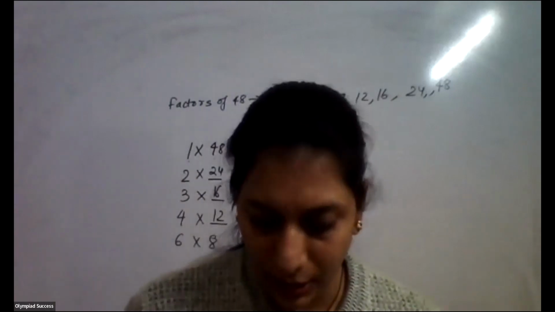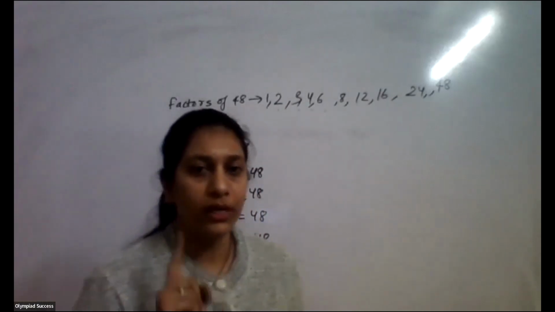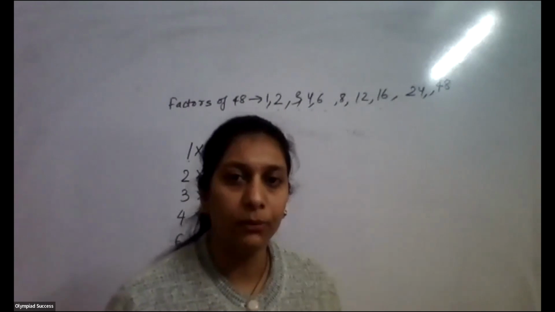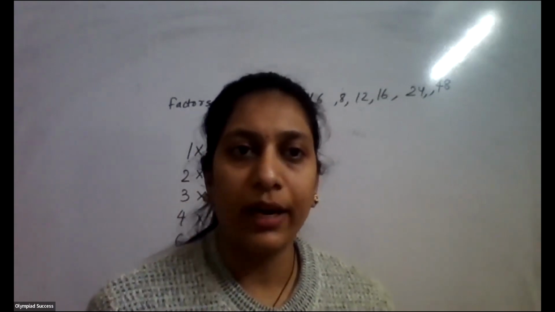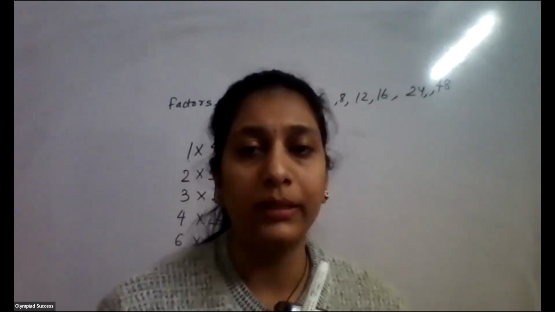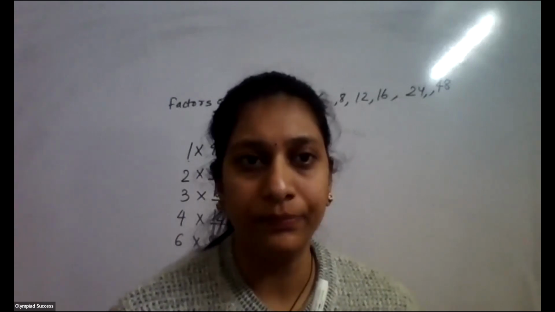All clear. Okay. So factors, if I talk about, you are clear with the definition. One property of factors is that one will be a factor of every number. Your number itself will be a factor of every number, and one more property is there for factors. Can you tell me?